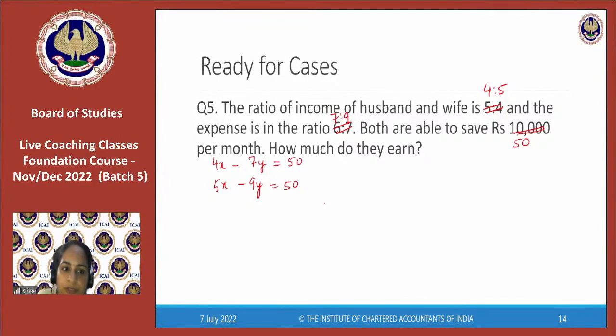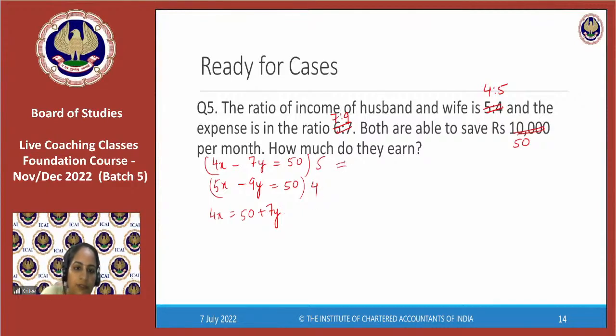Solve the two equations. You will have 4x equal to 50 plus 7y, and 5x equal to 50 plus 9y. Multiply the first entire equation by 5 and the second by 4.